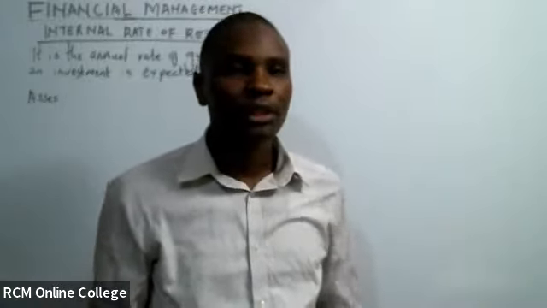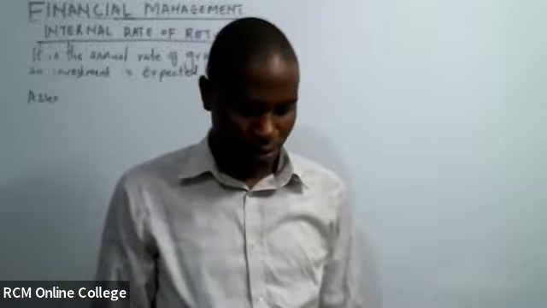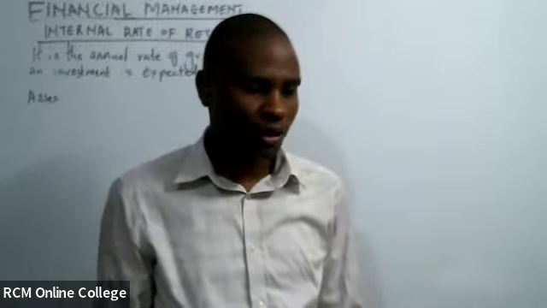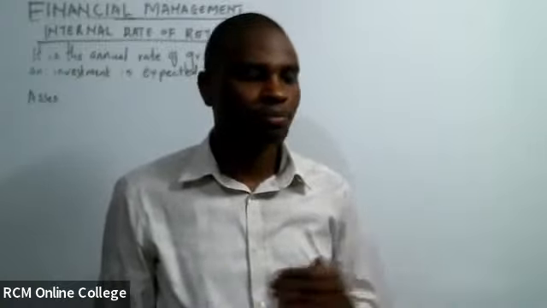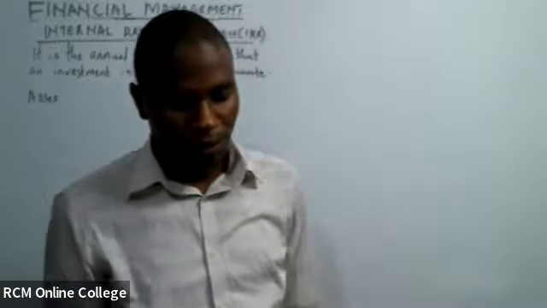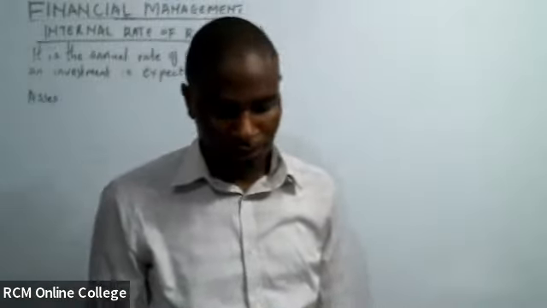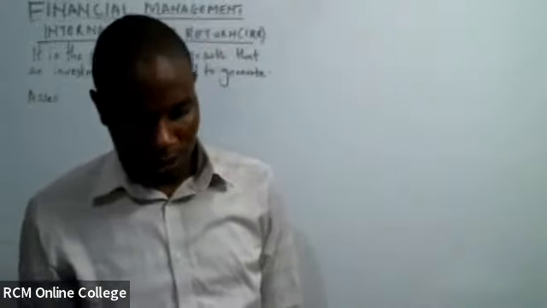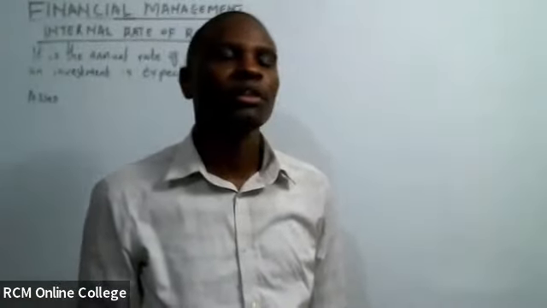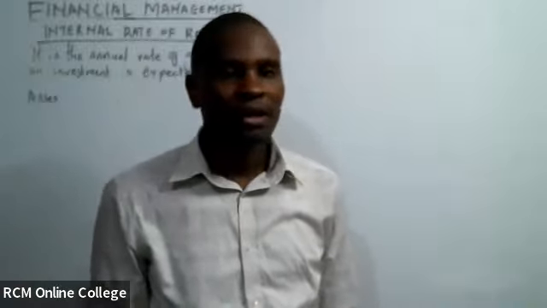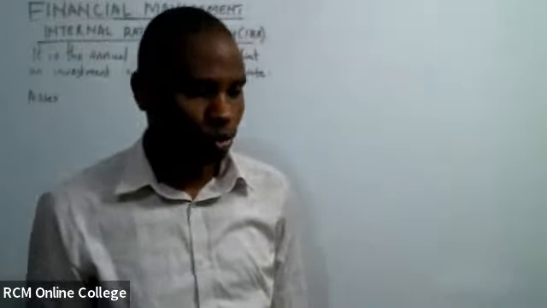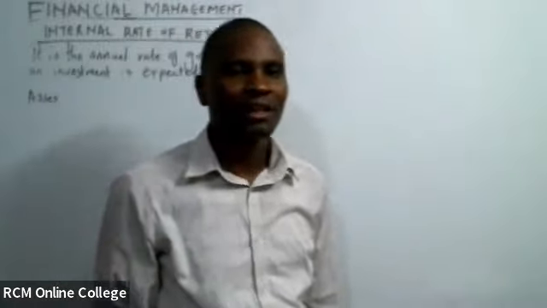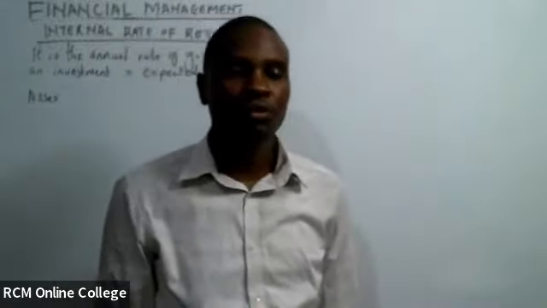If the NPV is positive, first we have found the NPV, then in step number two we are assessing the NPV in step one. If the NPV is positive, it means that IRR is greater than the cost of capital. Full stop.